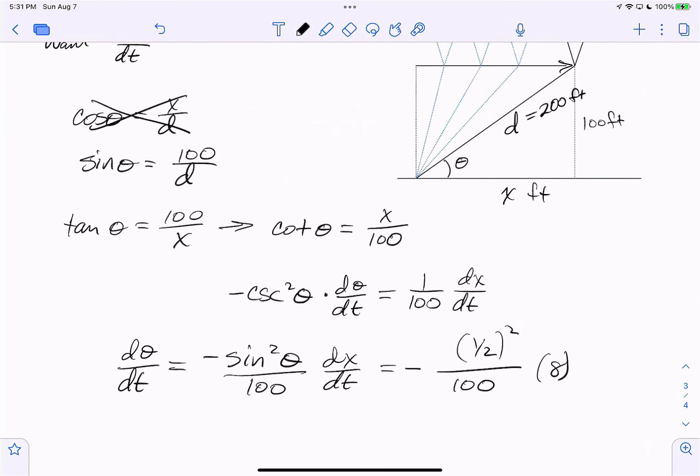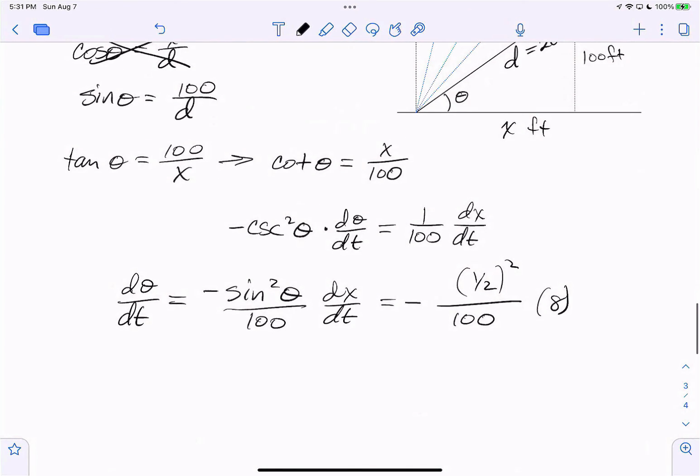So when you take everything in, it doesn't need to be so bad. We don't even need a calculator for this. dθ/dt is equal to, look, 1/2 squared is 1/4. 1/4 times 8 is 2. 2 over 100 is 1 over 50. So negative 1 over 50. I have no units here. That's when we bring in a dummy unit. dθ/dt is negative 1 over 50 radians per second.